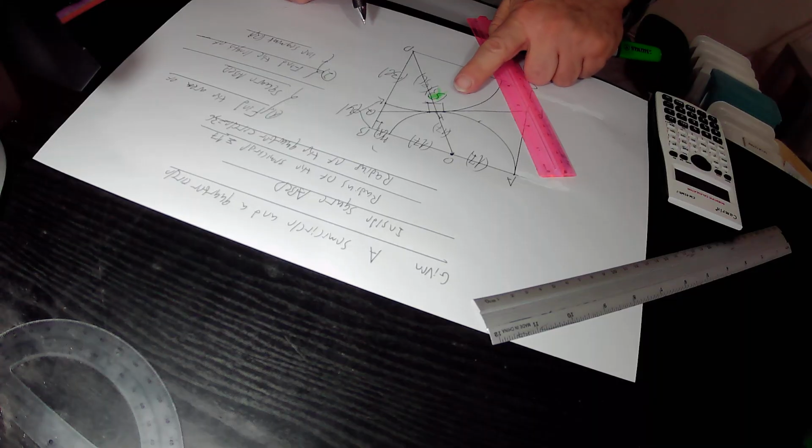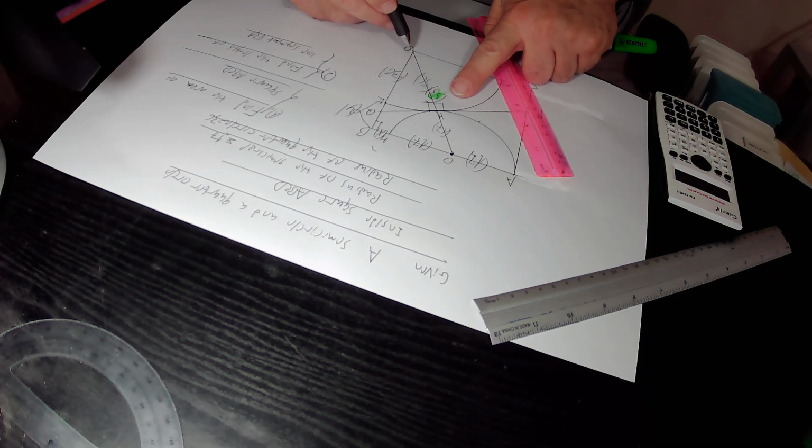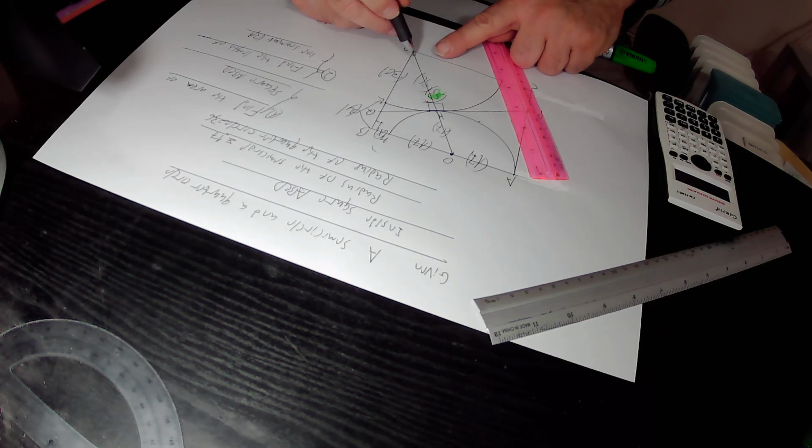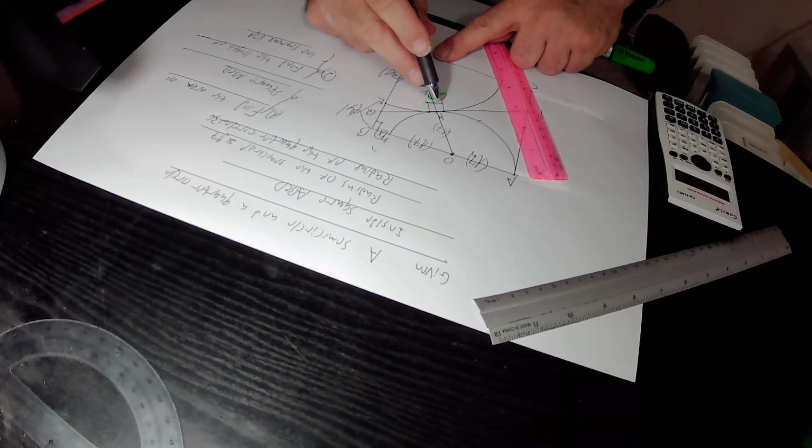So in this triangle KDO, the right triangle KDO, we'll define this angle KDL as alpha.